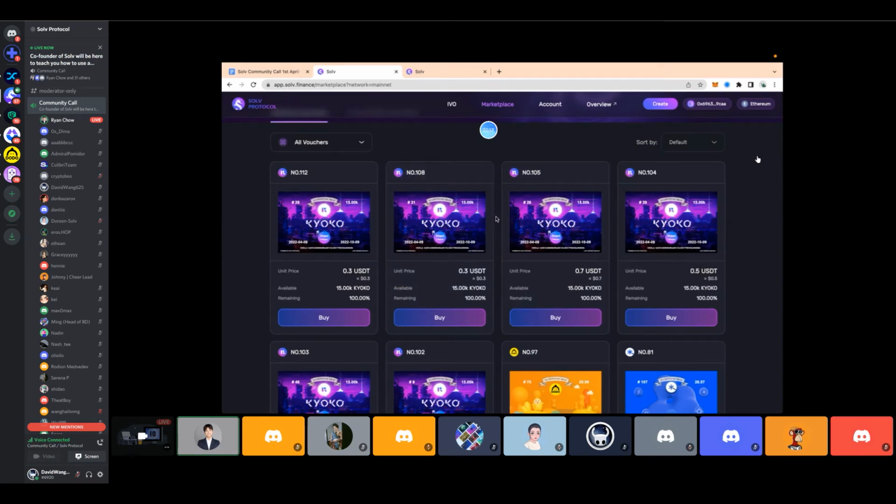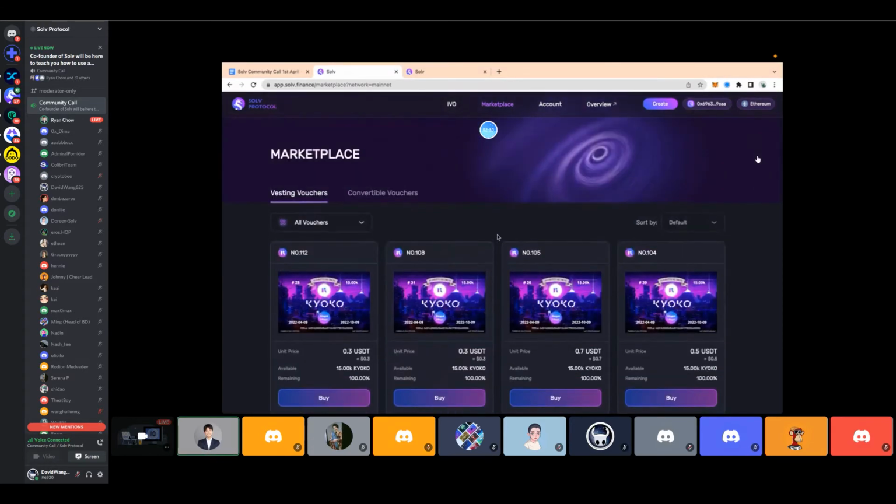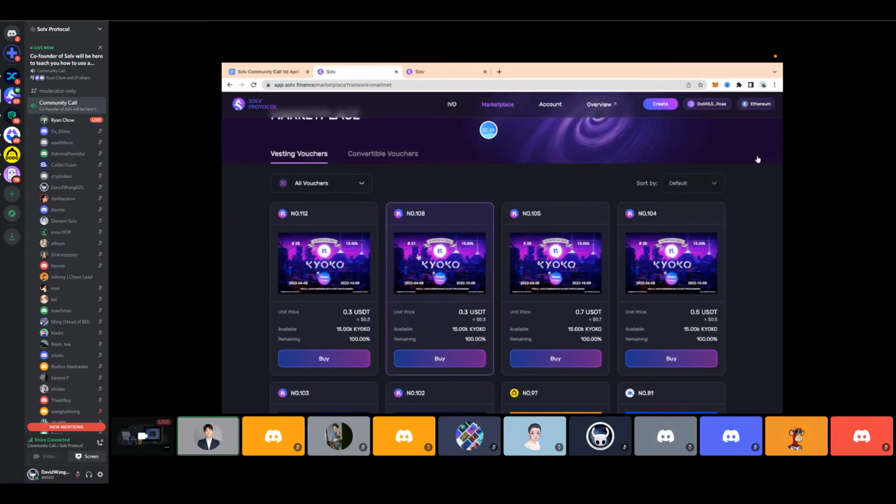And you have two choices once you get this NFT. One is to wait until the tokens are released from this NFT. Or second, you can list it back to the marketplace to cash out before the tokens are released. So those are the two choices once you get this NFT.